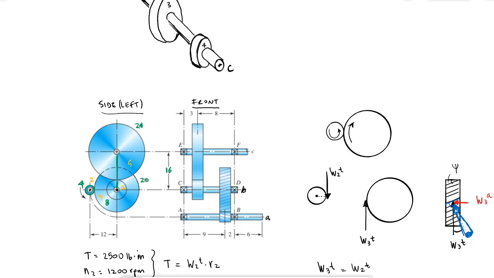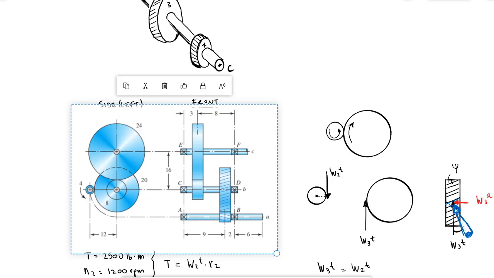This still looks like this; it's just a spur gear, and 2 would be behind 3. That's why this is C and this is D.